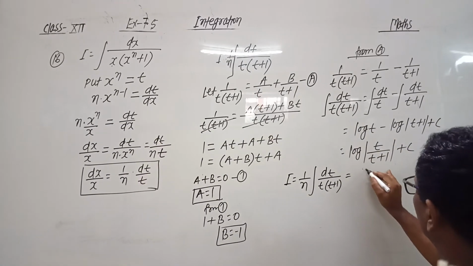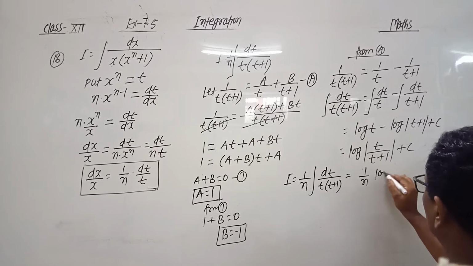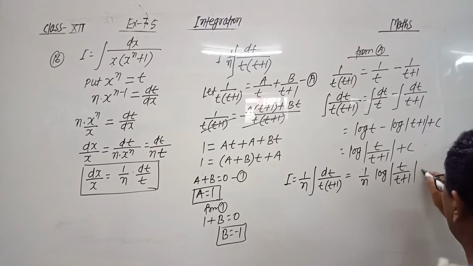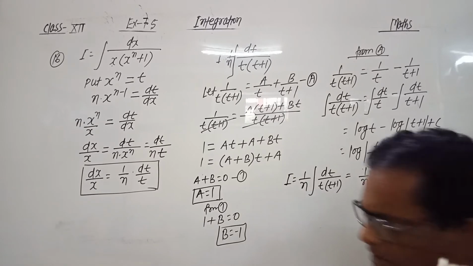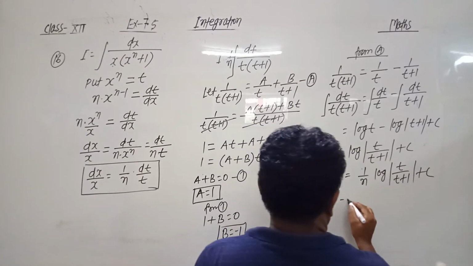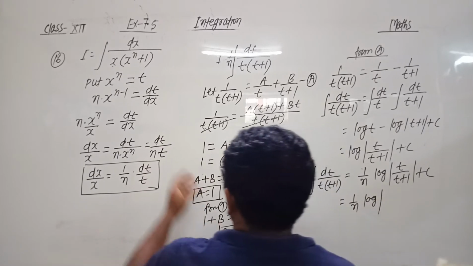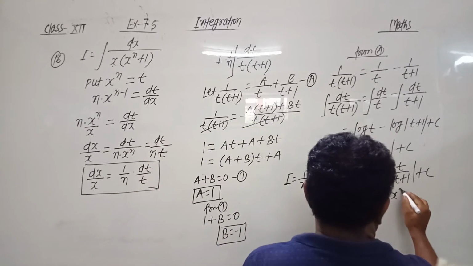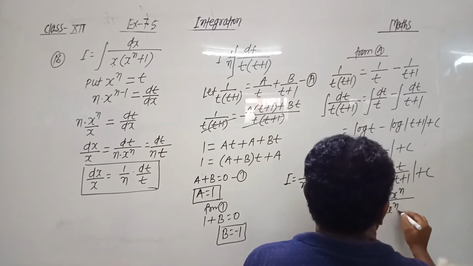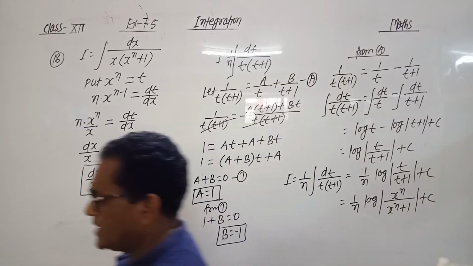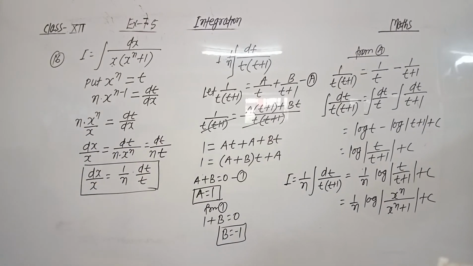So 1 by n log x raised to the power n upon x raised to the power n plus 1 plus c. This is the result.